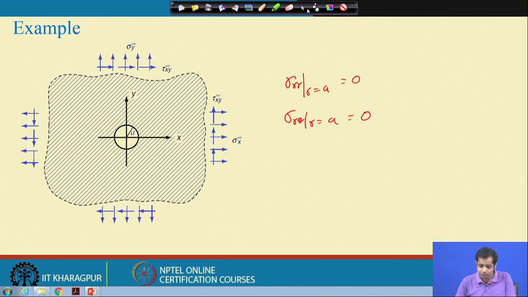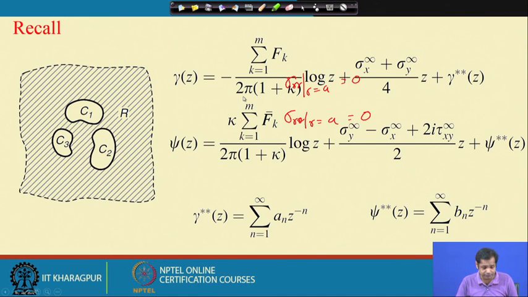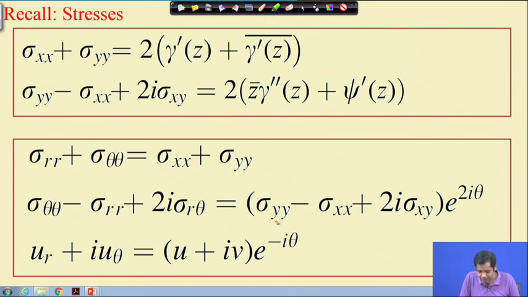If we substitute this condition in this expression, and anyway on this boundary sigma theta is not specified, and then write the entire thing in terms of the potential, substituting the expression of this potential into this equation, and then we make them 0.